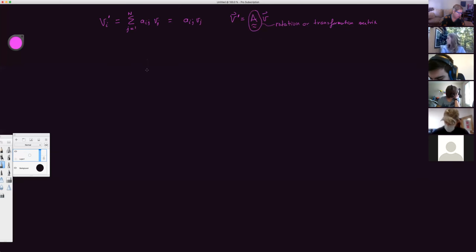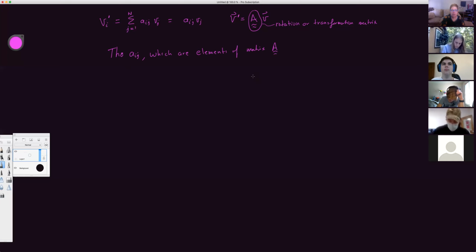Now, I want to point out to you that the A_ij, so the components of A, these are the elements of matrix A, yeah?